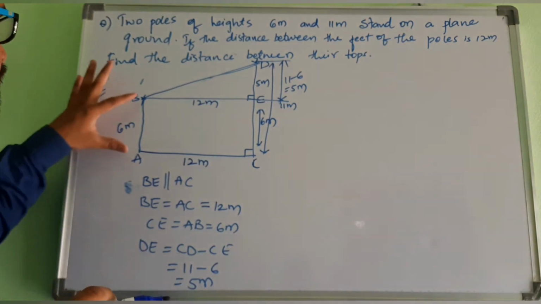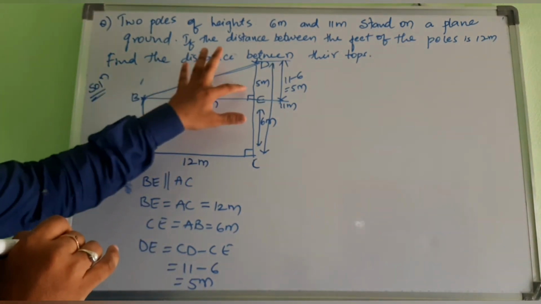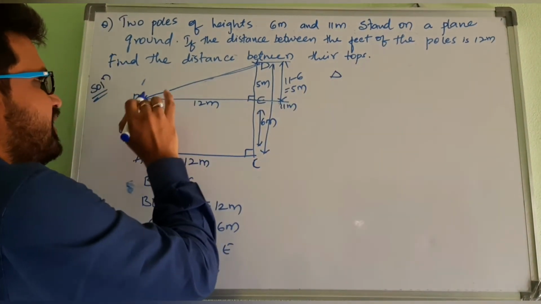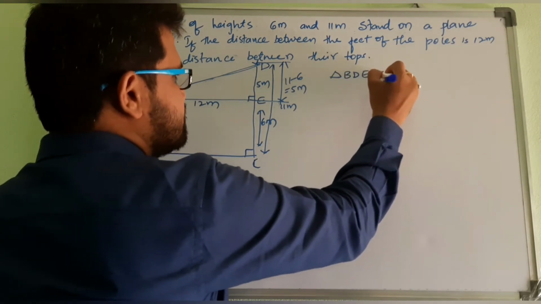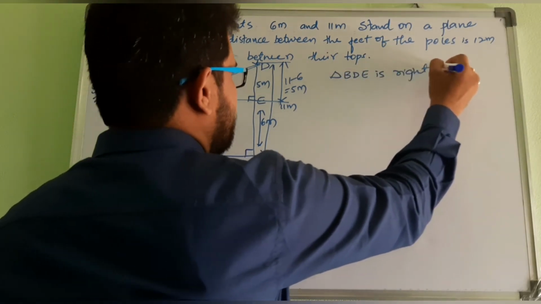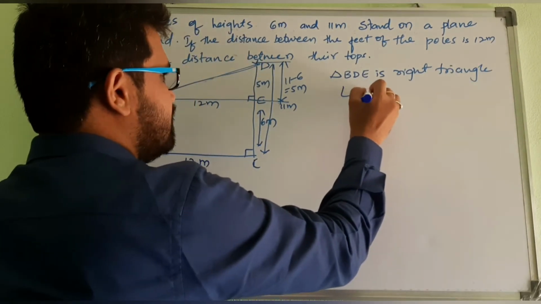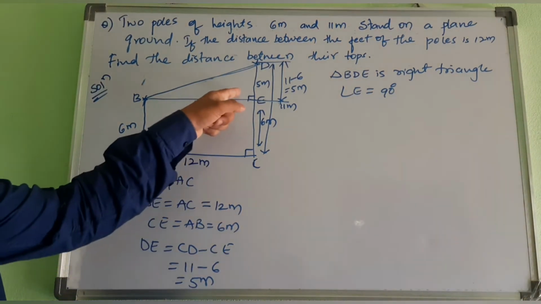Keep in mind that poles are perpendicular to the ground. This is also 90. So now triangle BDE is a right triangle. Angle E is equal to 90 degrees, so we can apply the Pythagoras theorem, because this is a right angle triangle.